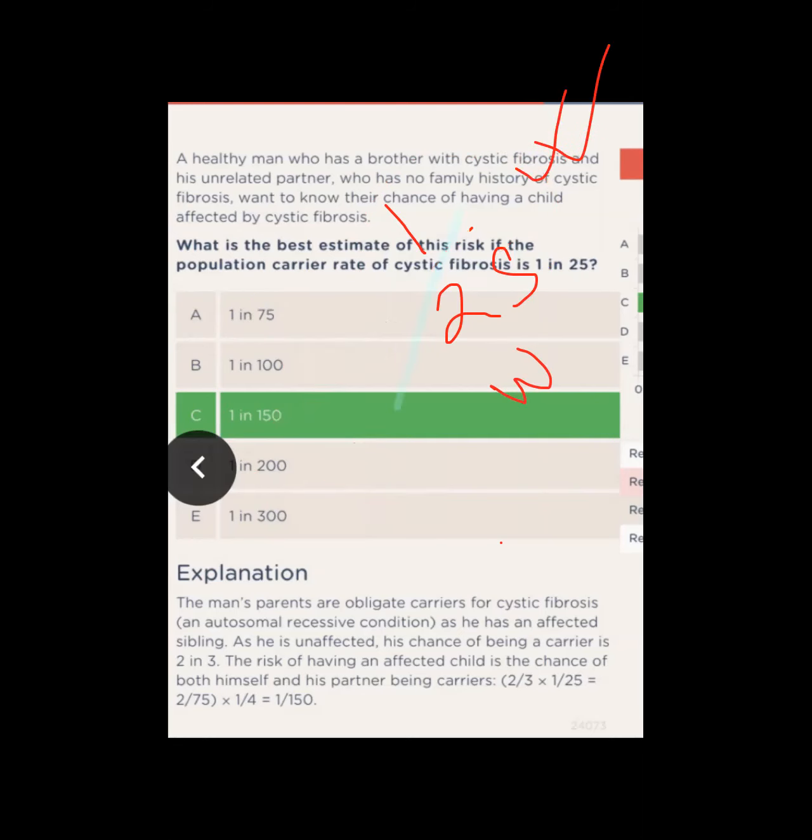So how will we calculate now? Suppose they both are carriers. The man's chance is 2/3 and the woman's chance is 1/25. Now suppose they both are carriers. If they both are carriers, then what will be the chance of having an affected child? According to the formula, 25% of children will be affected. So their chance of an affected child is 1/4.